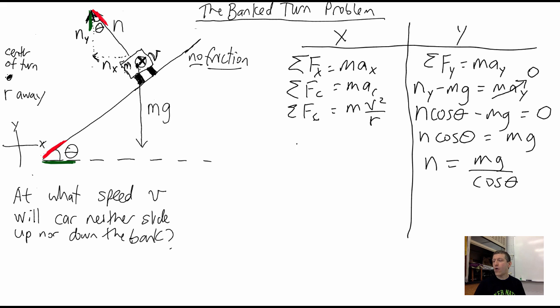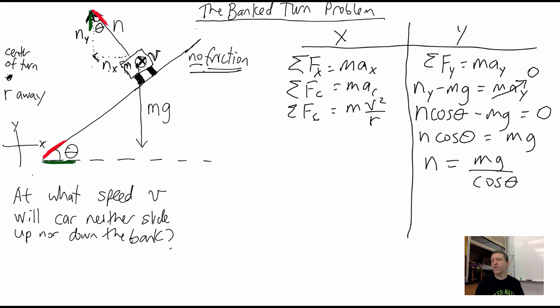Sweet. Okay, now let's get more specific than just F_C. What can I put in to get more specific for my next step? What is providing that net centripetal force? N sub x. It's this one. This is the only force. Notice that we have no friction in this problem. This is the only force pointing towards the center of the circle.